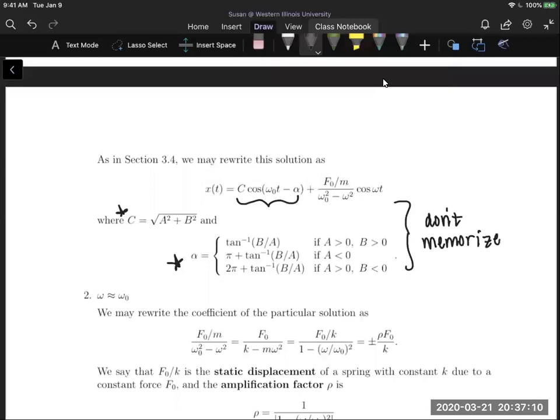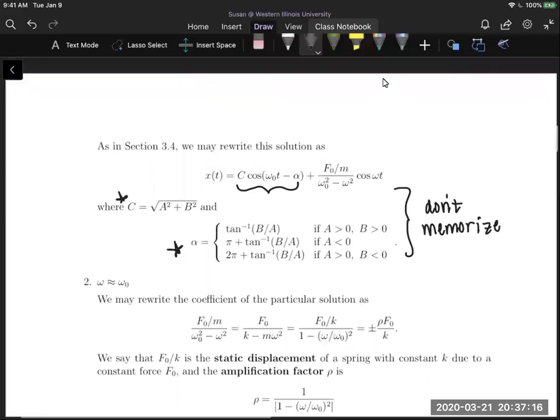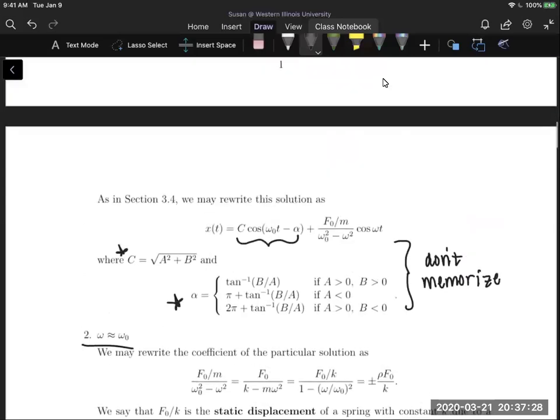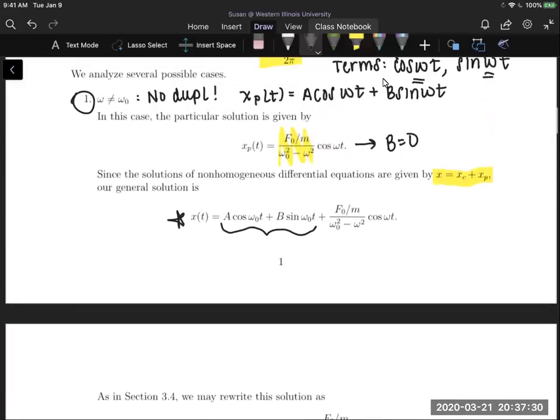All right, so this is kind of the best case scenario where omega naught and omega are different and you don't have any duplication. Of course, there's this interesting case where they're actually equal, but we'll get to that in a moment. Case 2 says, what happens if they're almost equal? So let me scroll back up here just for a moment, and look back at this coefficient on xp.